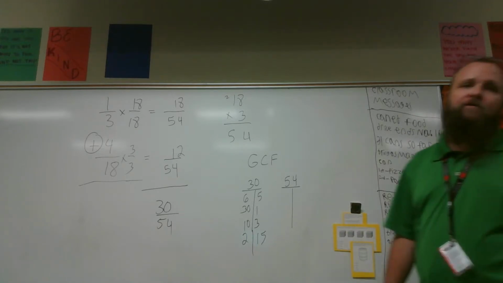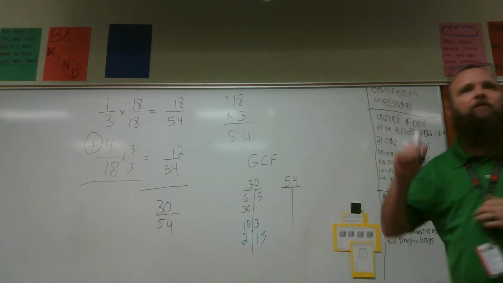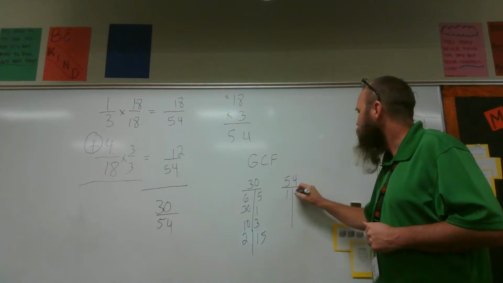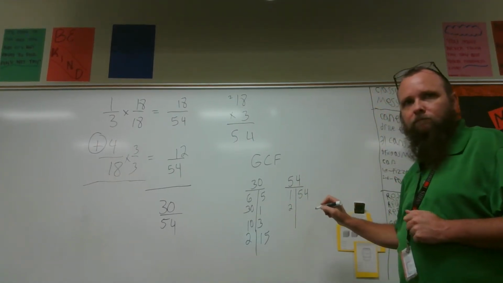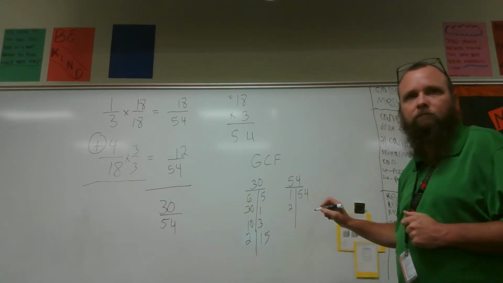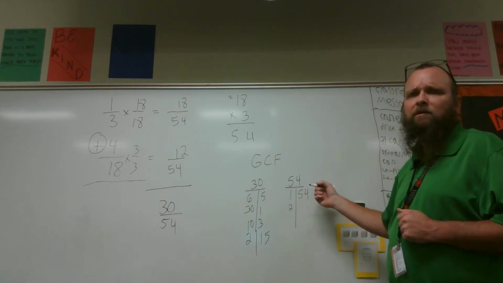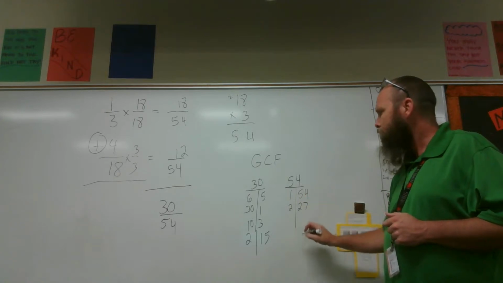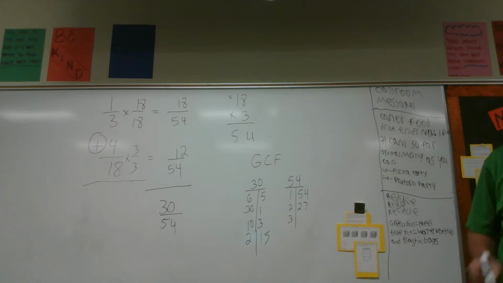Now the factor pairs for 54. Gregory, the factor pairs for 54. What is 54? 2 and 27.